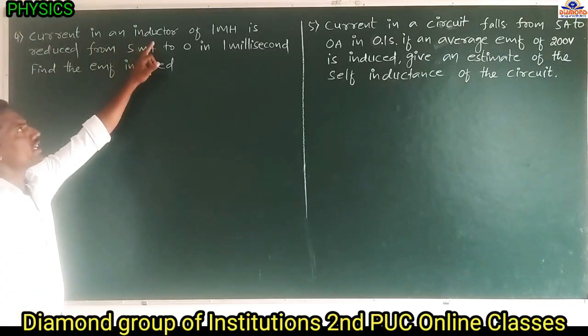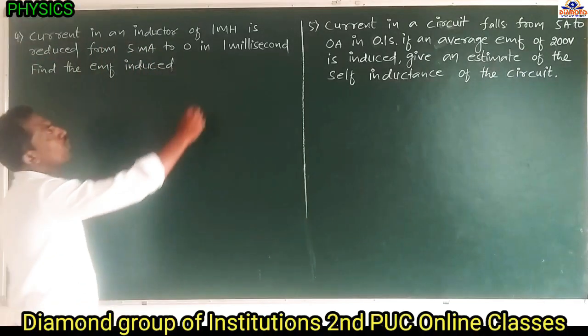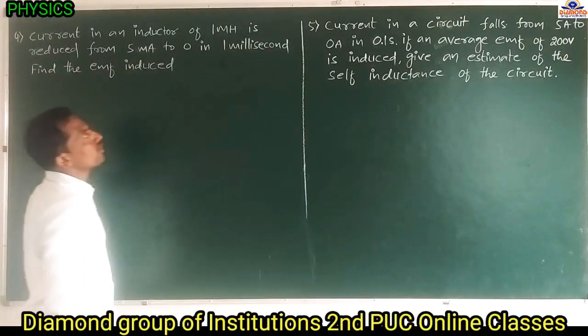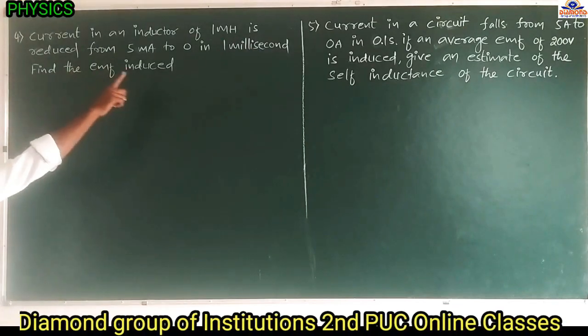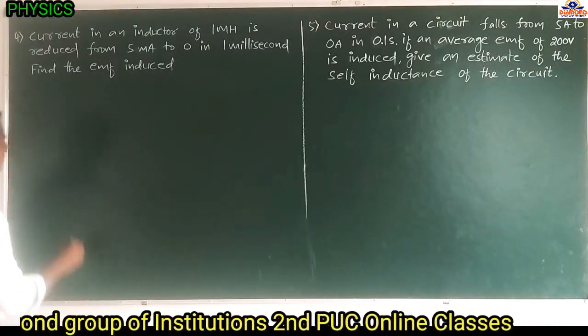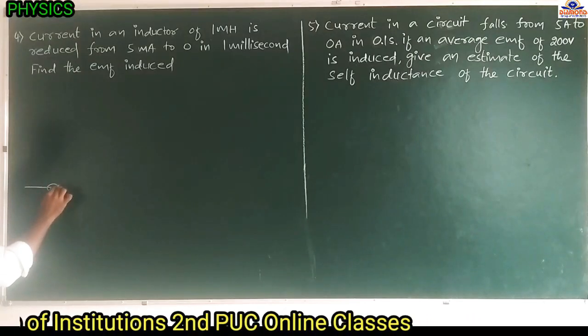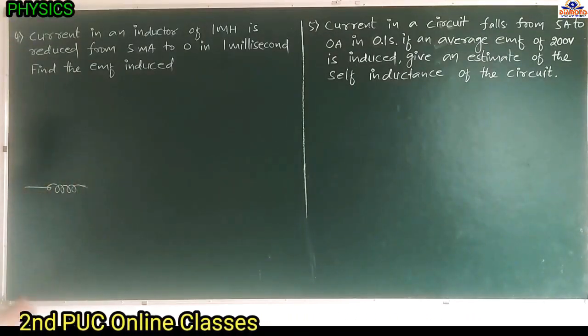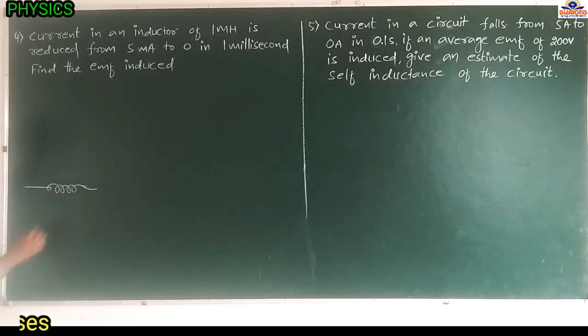Current in an inductor of 1 millihenry. We are taking one inductor, denoted by L, of 1 millihenry.